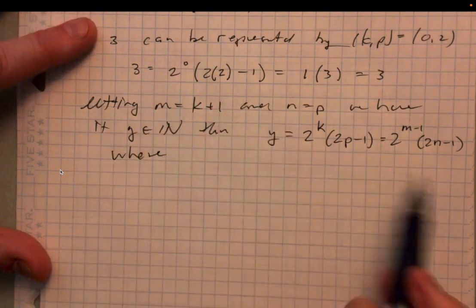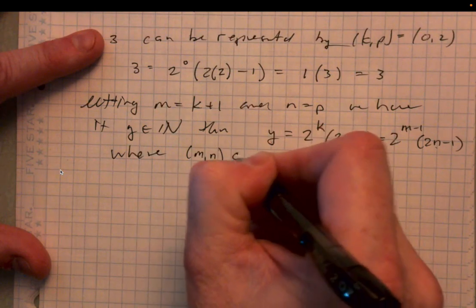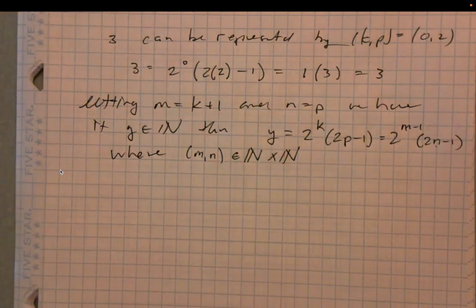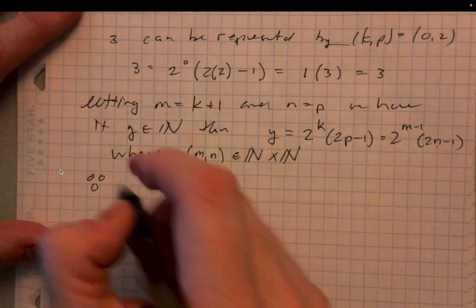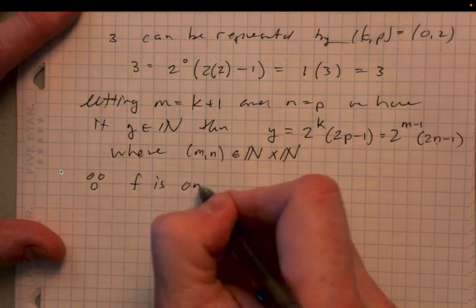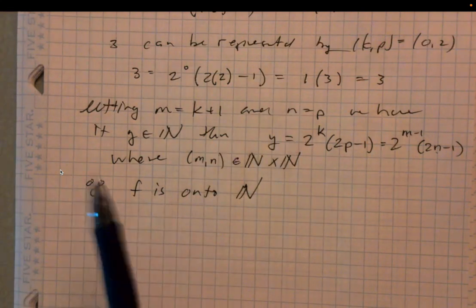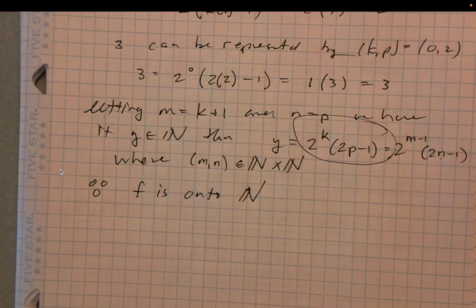Where do m and n come from? Well, they come right out of N cross N. And so, therefore, f is onto the natural numbers. I just showed that every natural number can be represented using this function, which is obviously the same function as the one that we started with.